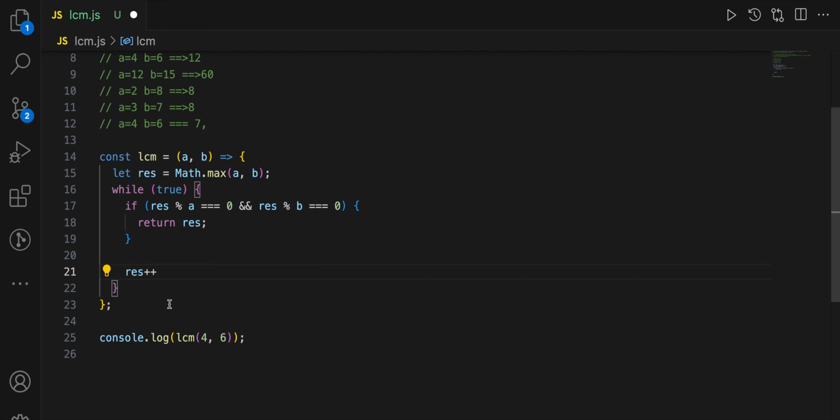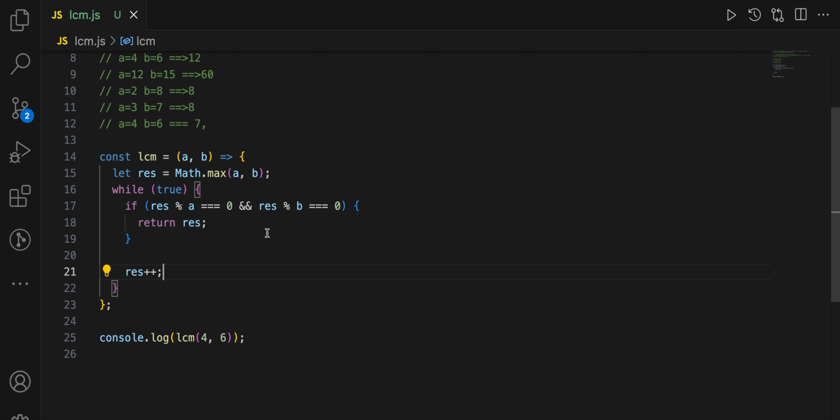In this fashion we keep increasing, and once we reach 12, yes, it is divisible.